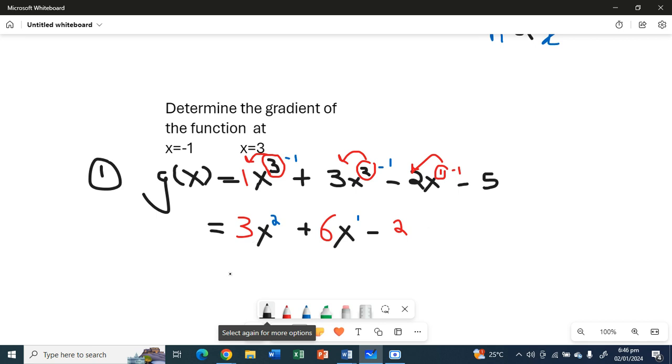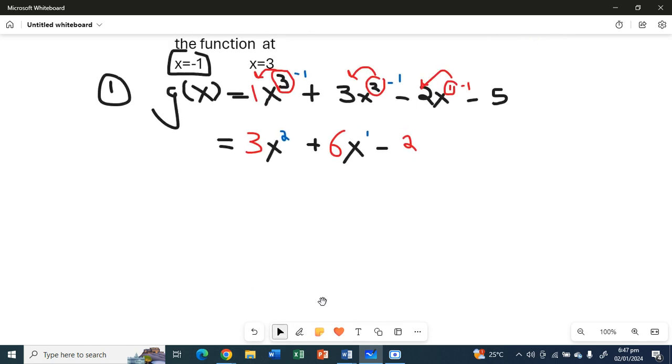The next thing we need to do is substitute x equals -1 into our quadratic expression in order to get the gradient at the point x equals -1. So first we substitute x for -1.